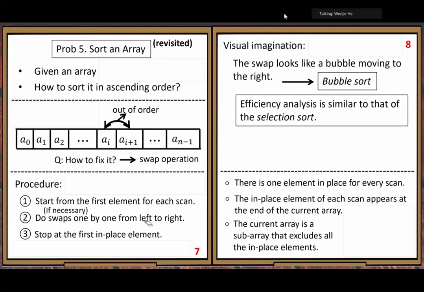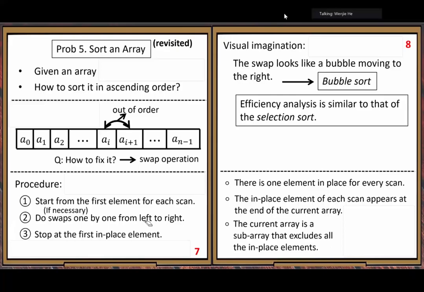So comparison is the basic operation. If better means the number of comparisons, then the answer is no, you cannot improve.